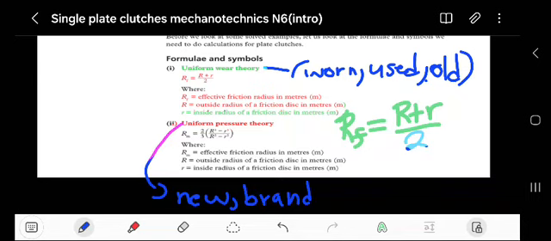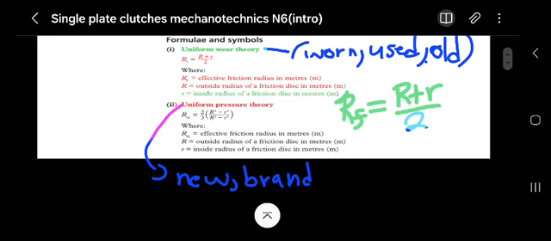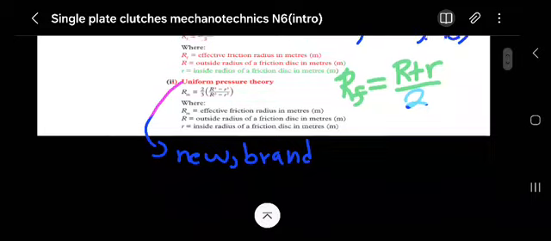These are not second hand. When you go to the shop and you buy a new clutch, this is for a new clutch. You understand, guys? So how do we calculate the effective radius?